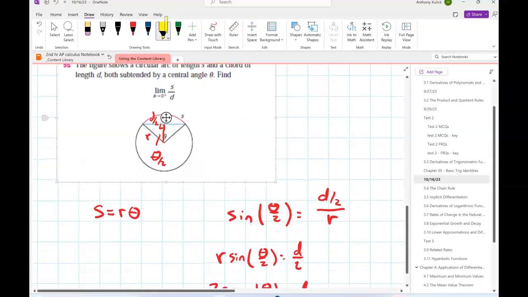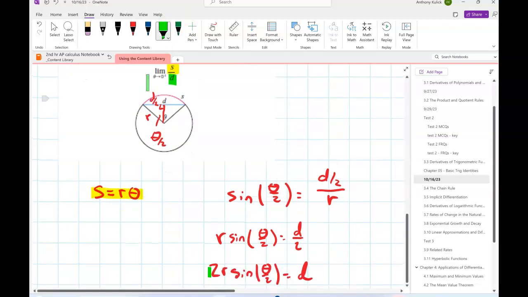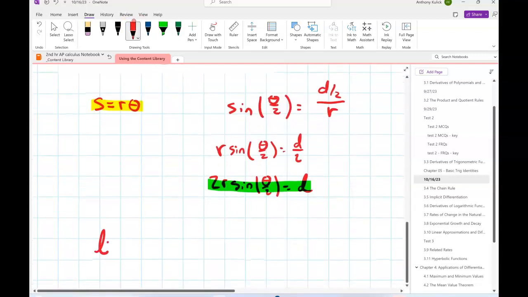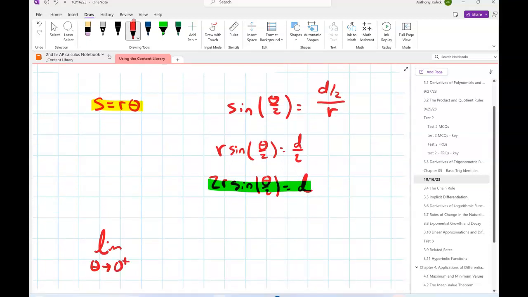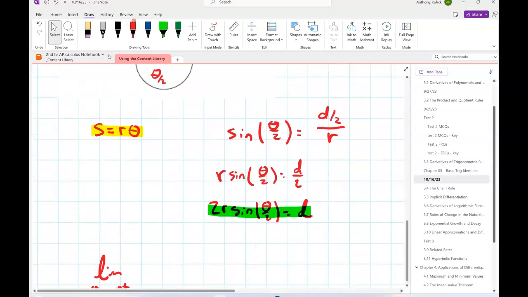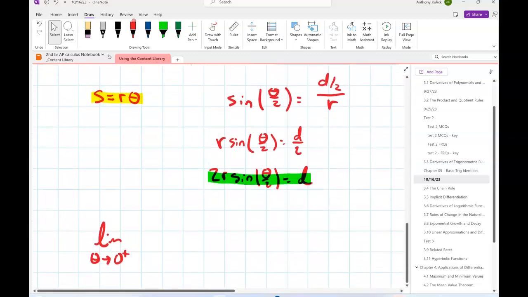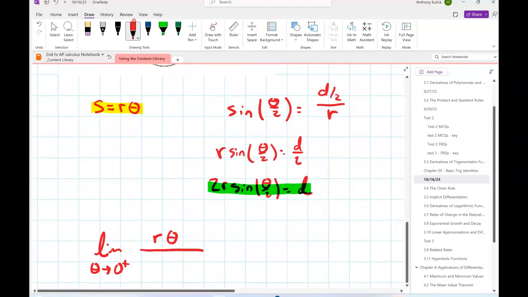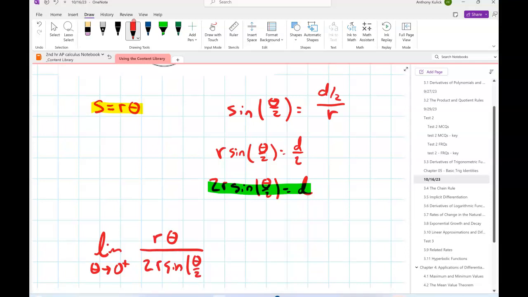So I now have S, which I know is r theta, and d, which is 2r sine theta over 2. So let's plug that all together. What was it? It was S over d, right? So I have r theta over 2r sine theta over 2.